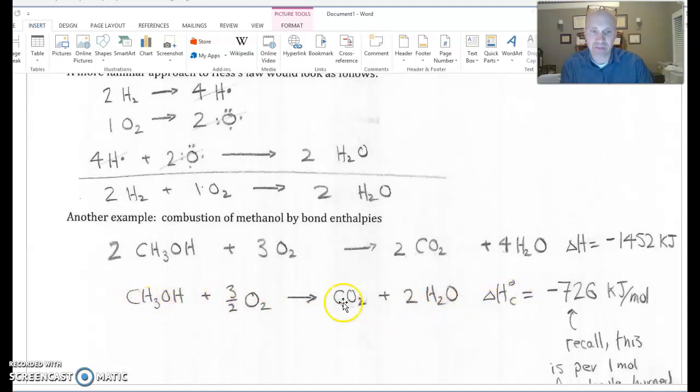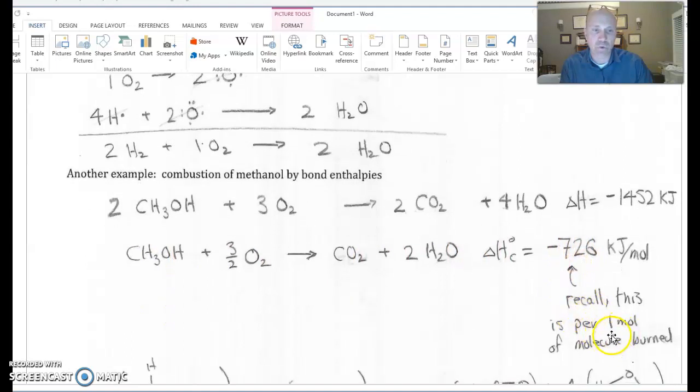We find for methanol, it would be this value right here. And remember that's per 1 mole of methanol. So since this balanced reaction right here actually contains 2 moles, we have to double that. So make sure that you make that consistent with whatever your actual reaction is.